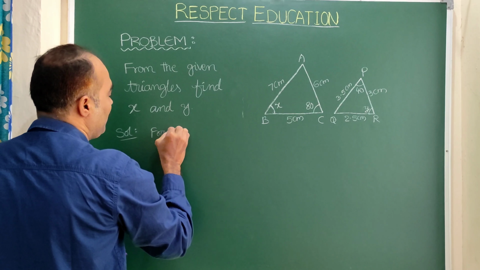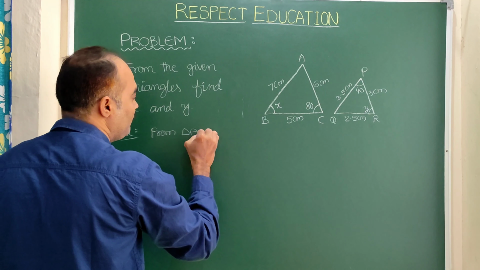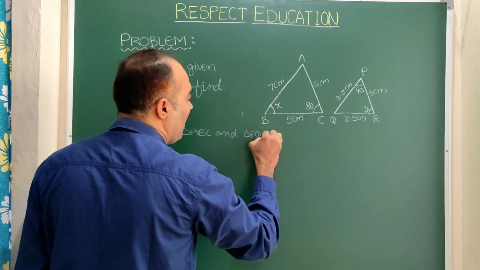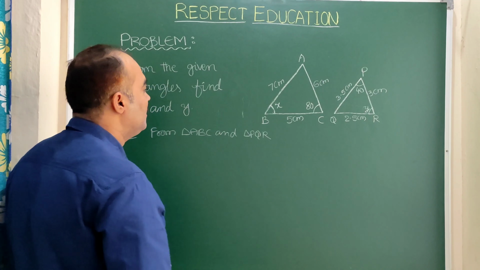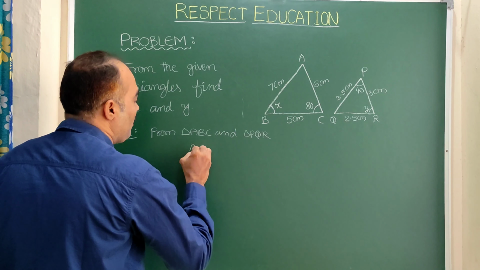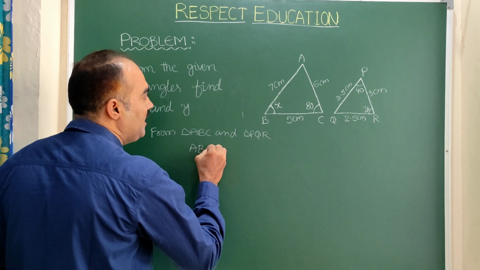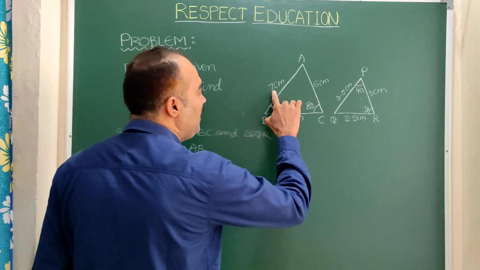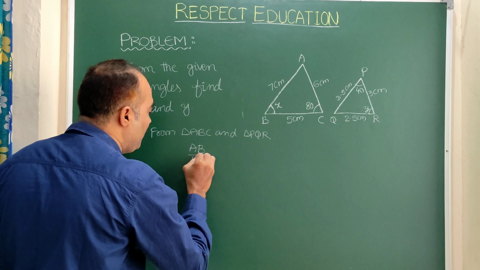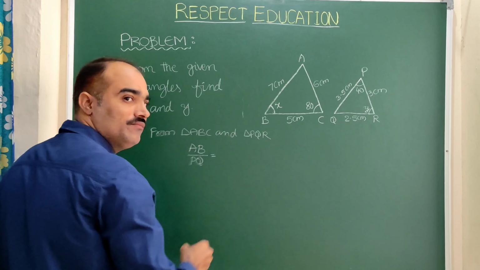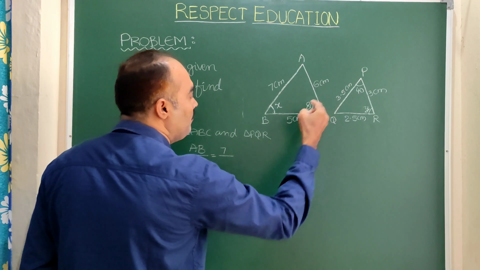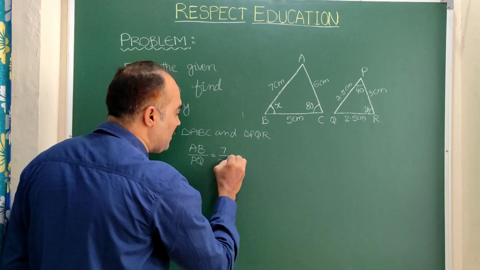From triangle ABC and triangle PQR, let us write the known values. From ABC, AB by PQ is 7 centimeter by 3.5 centimeter.